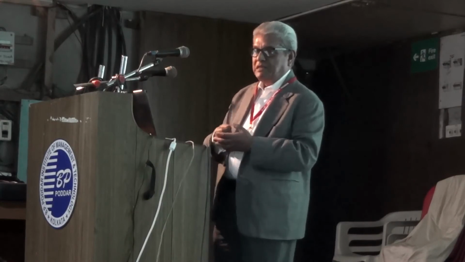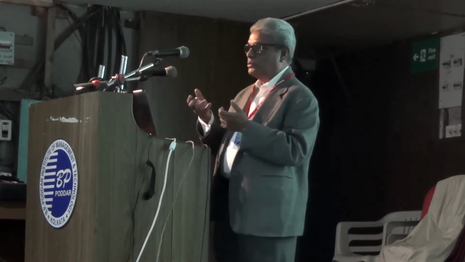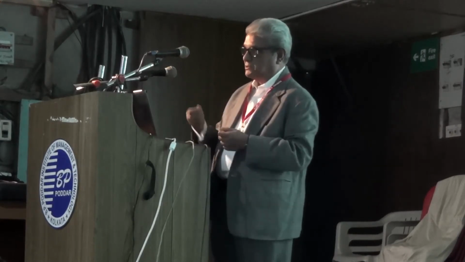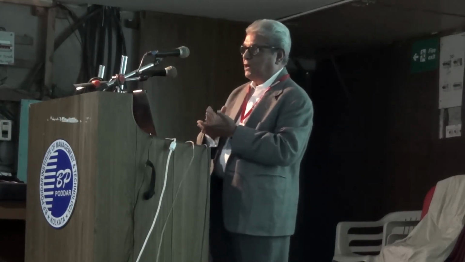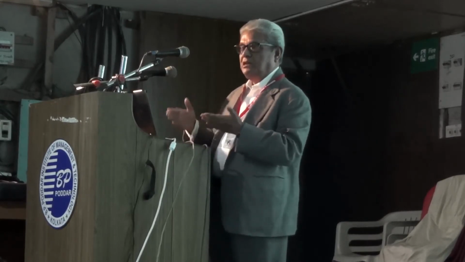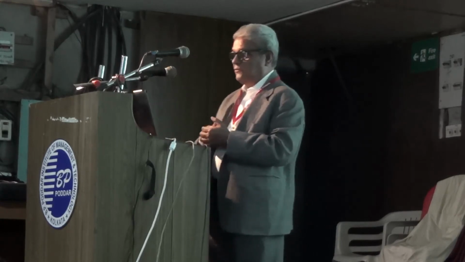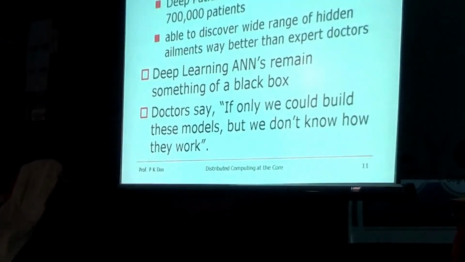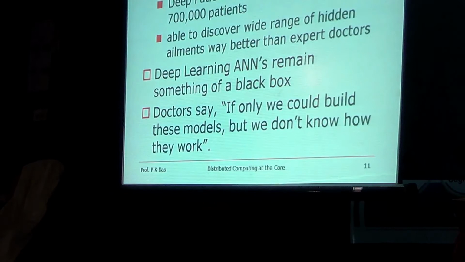So what happened is that it had used that to tweak those interconnections, those weightages that connect from one hidden layer to another hidden layer, and that black box is something now that cannot be readily understood. Okay, so the doctors say that if only we could build these models, but we don't know how they work.